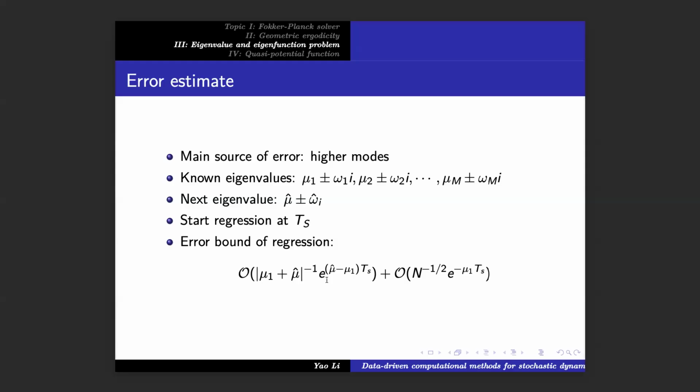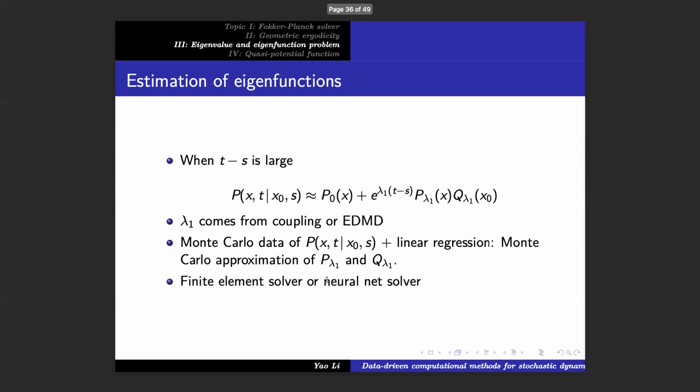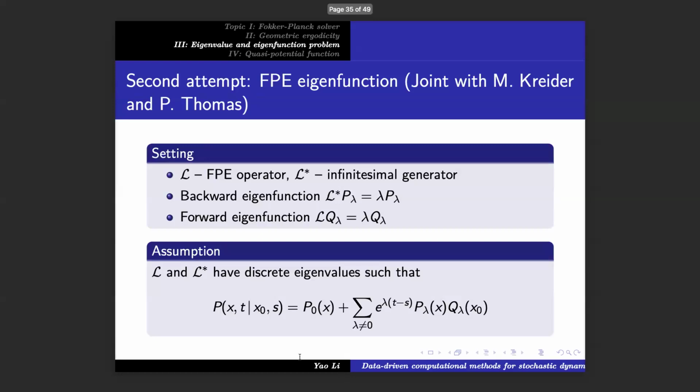It's basically like if you have letter A with some noise, then the neural network can recover it. But if you tell the neural network to learn from letter B, then it can never recover. Okay. So the main source of error actually comes from higher modes, because the biggest pollution comes from the higher modes, which means you have some even smaller lambda, and then you have P and Q. So that's the biggest pollution.